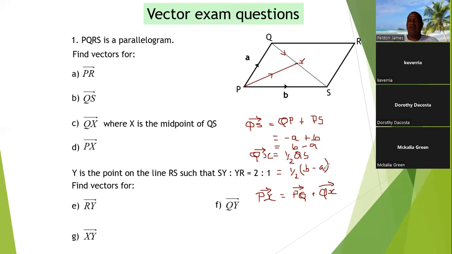Now we know if we go PQ, PQ is equal to A. And we already know what QX is because we wrote QX to be half B minus A. So this will be plus QX, which is plus half bracket B minus A.